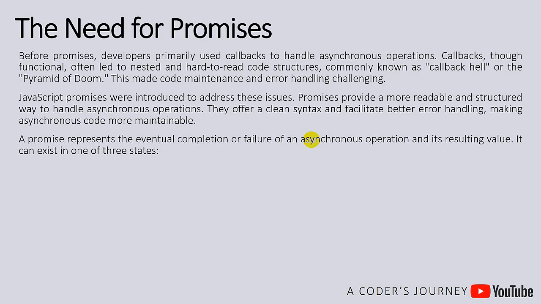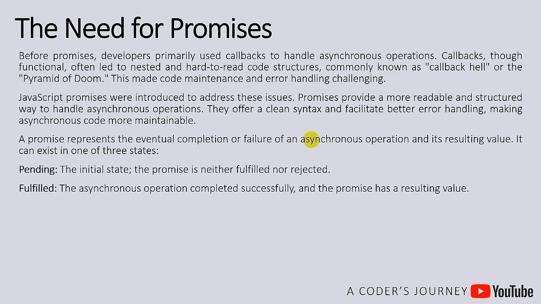A promise represents the eventual completion or failure of an asynchronous operation and its resulting value. It can exist in one of three states. Pending is the initial state. The promise is neither fulfilled nor rejected. When you create a promise, it is in the pending state.